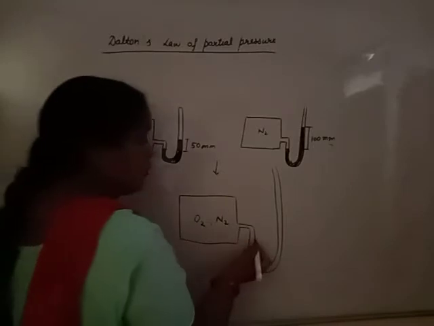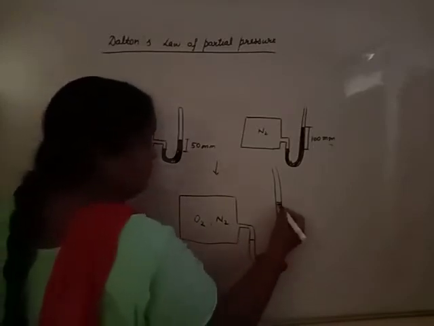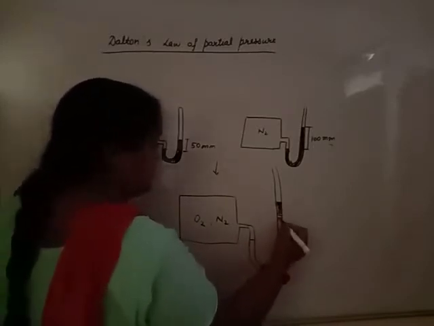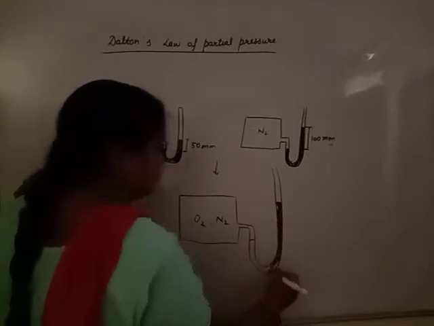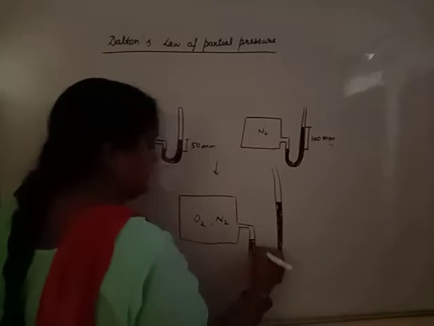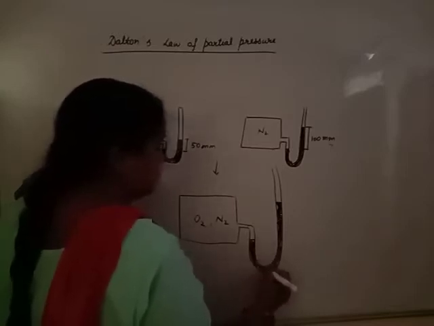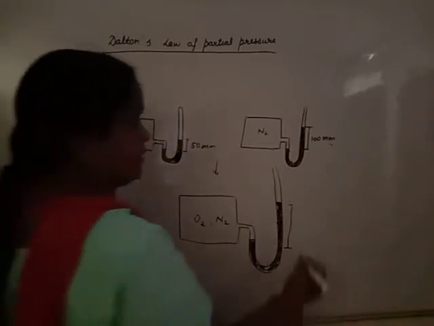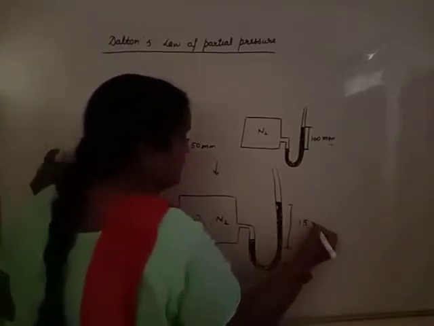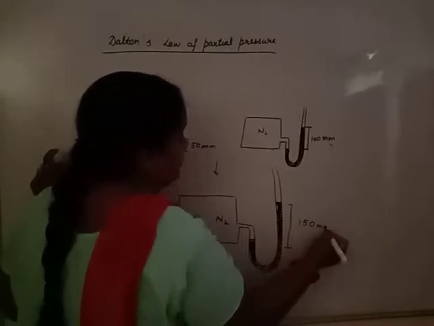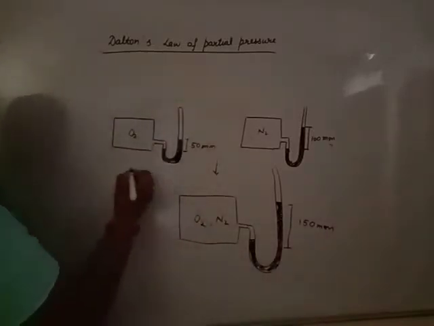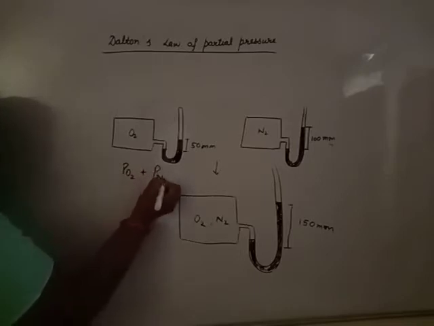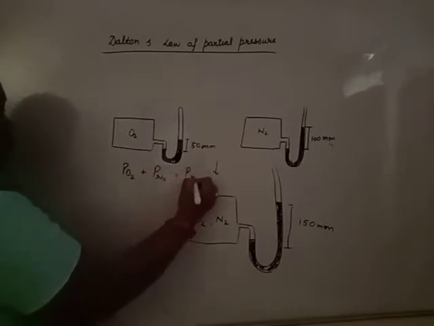And what is the total pressure in the manometer for this gaseous mixture? That is 150. When we measure, the total pressure of this gaseous mixture is 150 mm of Hg. That is because the partial pressure of oxygen plus the partial pressure of nitrogen is the total pressure of the gaseous mixture.